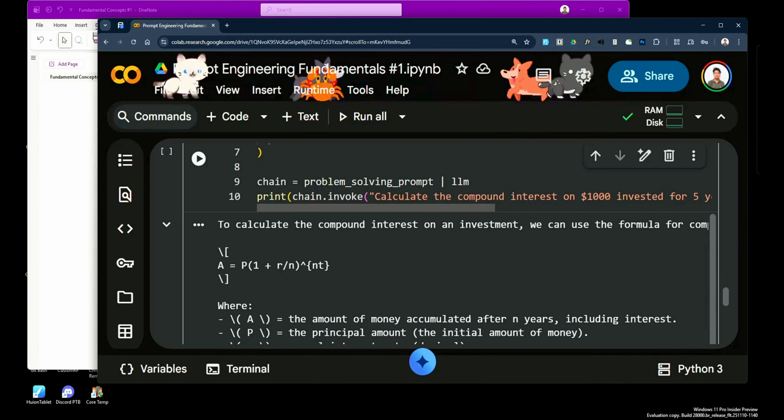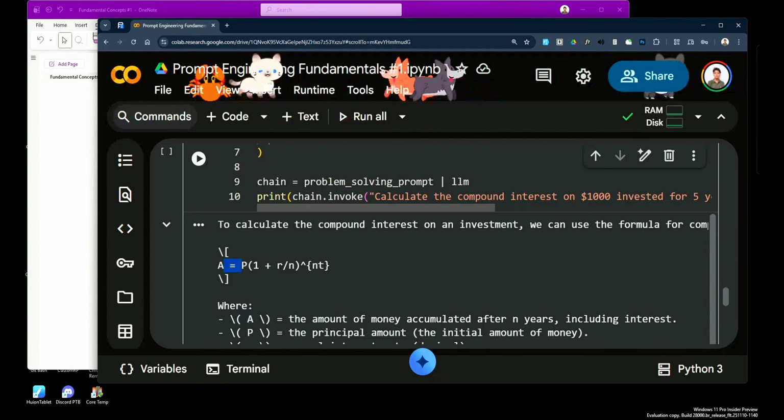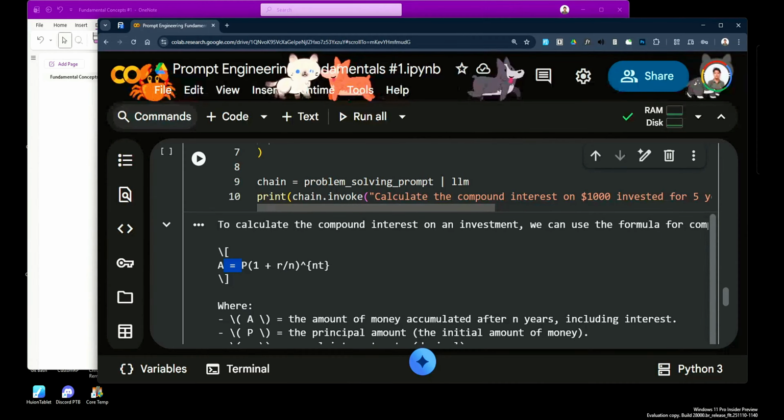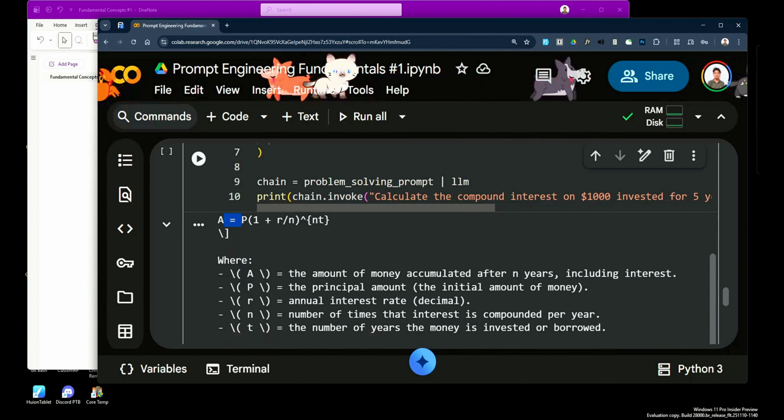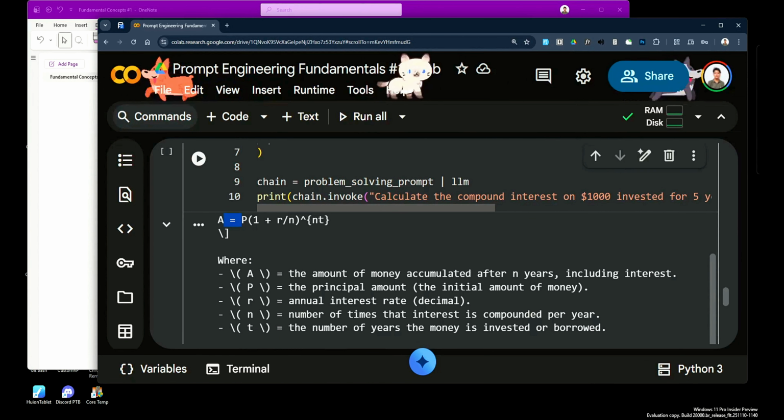a first formula. Amount is principal times (1 plus rate) to the power of time, the number of years, right?